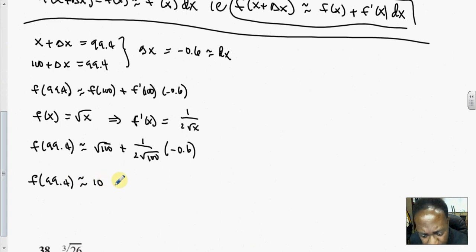This is 10 minus, or you can say plus, doesn't matter, 0.6 up top, and this is 2 times 10, or 20.